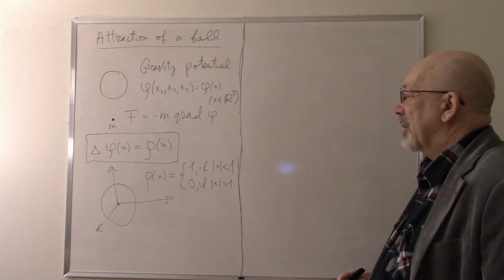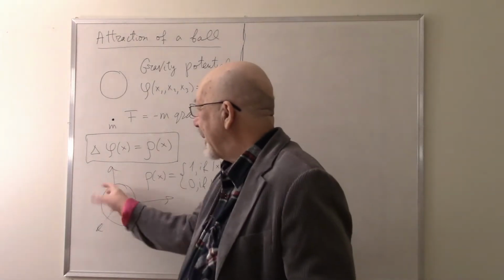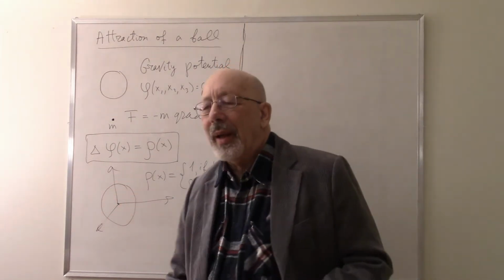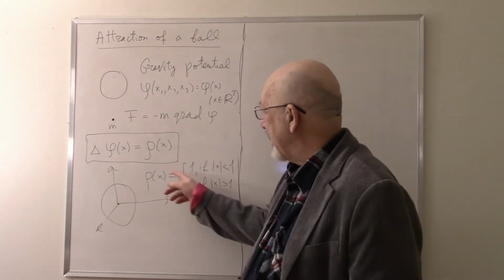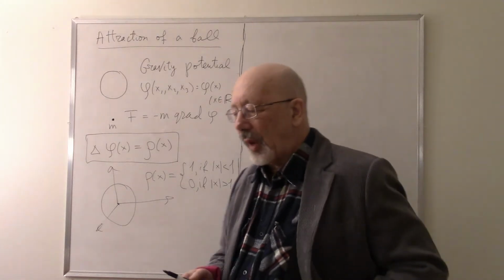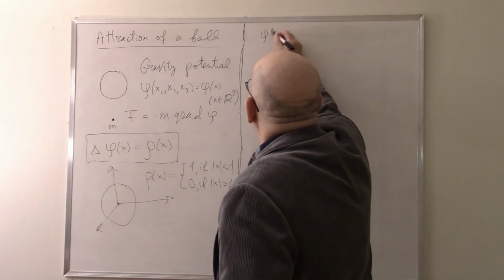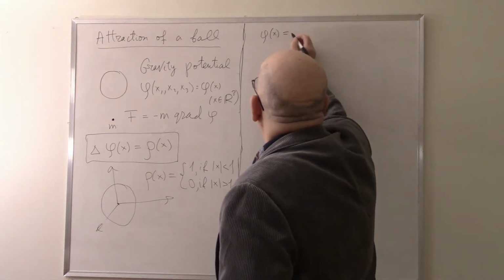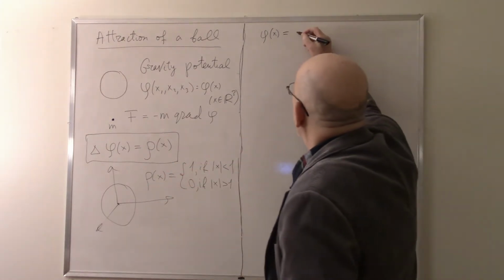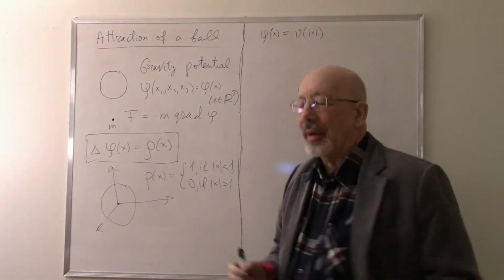How to solve it? Our situation is spherically symmetric. We can rotate this ball and nothing changes because its density is constant inside the ball. So this means that the gravitational potential phi of x depends in fact on the distance from the origin, modulus x, some function v of modulus x.